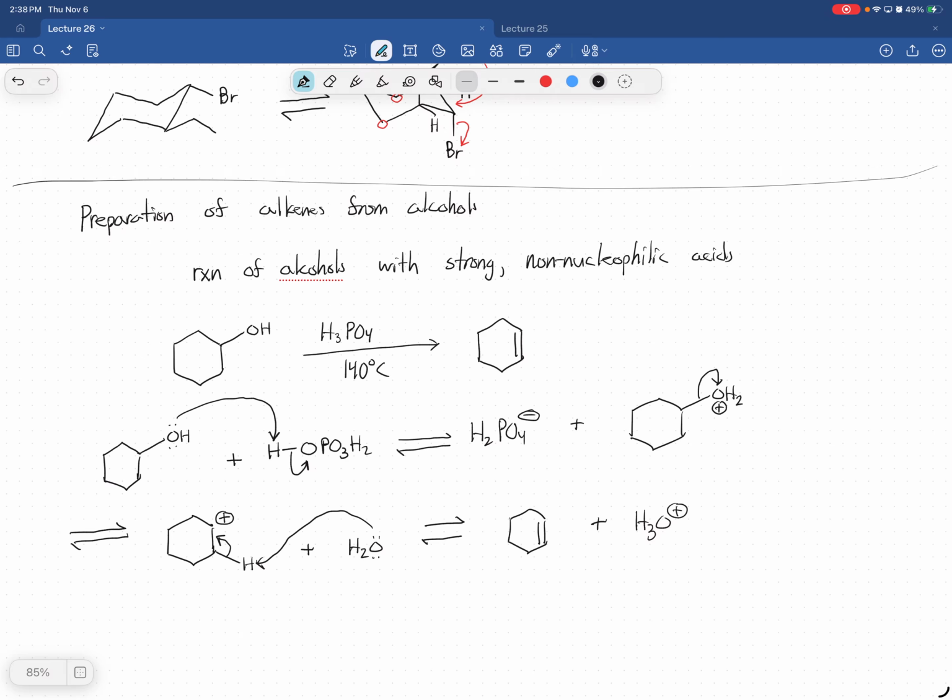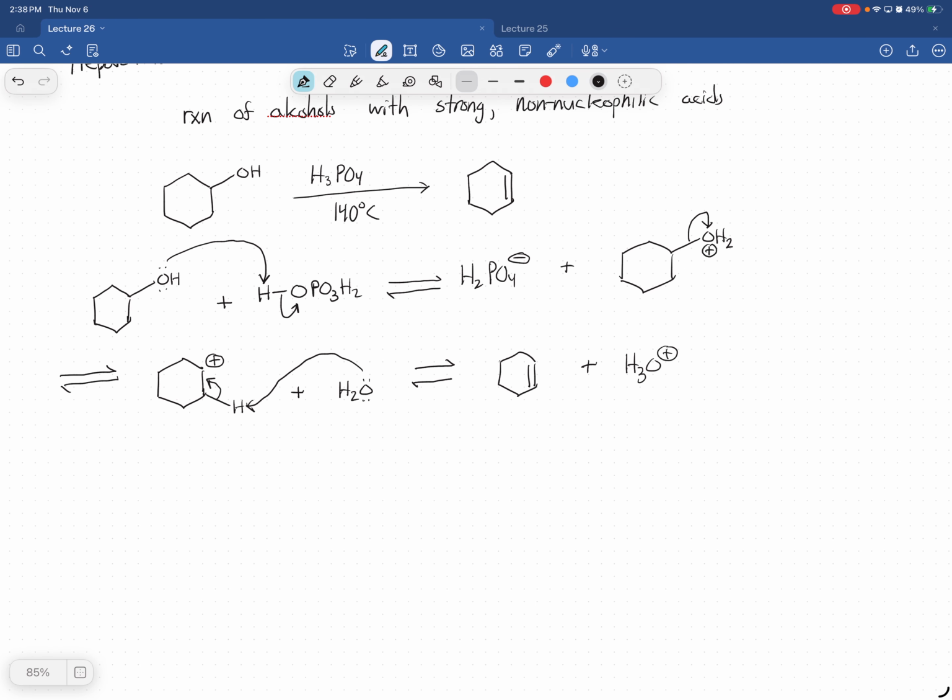But the carbocation rearrangement is coming up, so that's our next example. Now, pay attention to this one. There might be a reason why I'm telling you to do that.